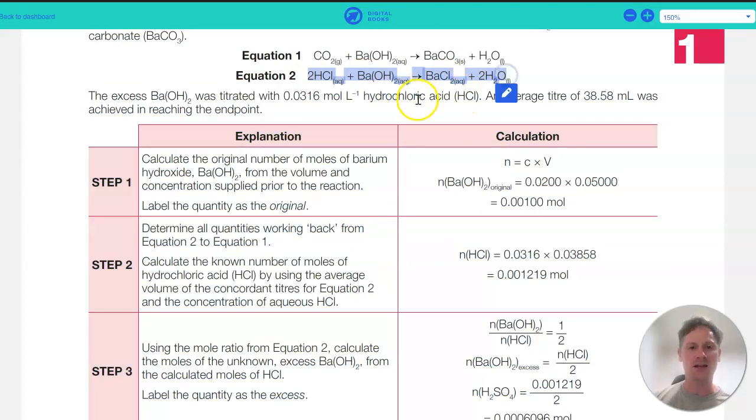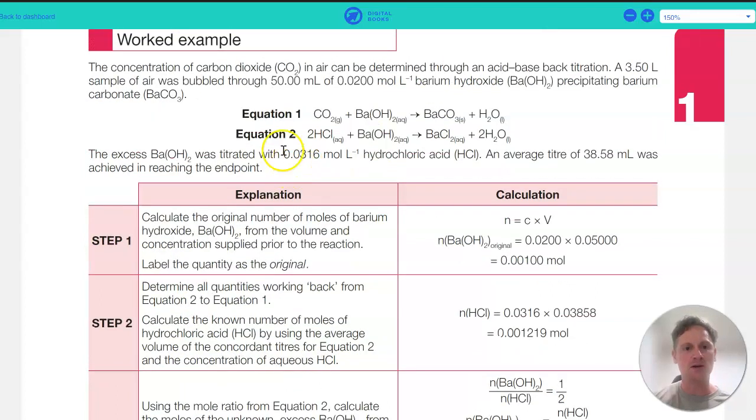So this here is going to give us the information that we need to start, okay? The excess was titrated with this concentration of HCl, and the average titer of the chemical was reached, okay? So the first step is you want to calculate the original number of moles of barium hydroxide from the volume and the concentration supplied prior to the reaction, and label the quantity as the original.